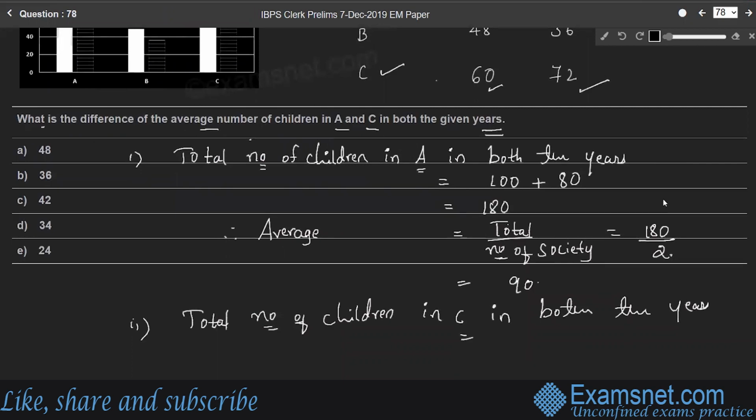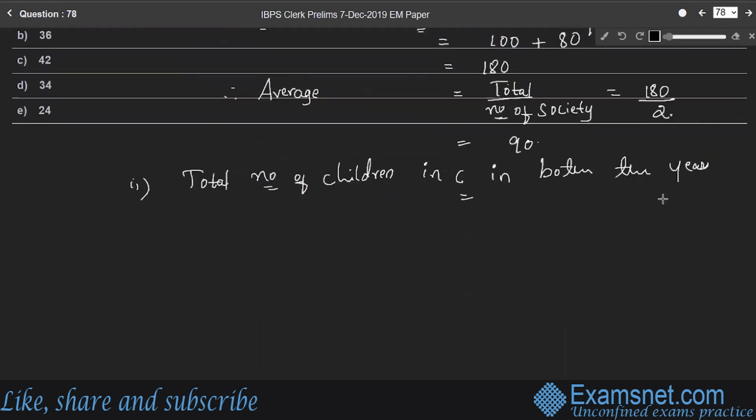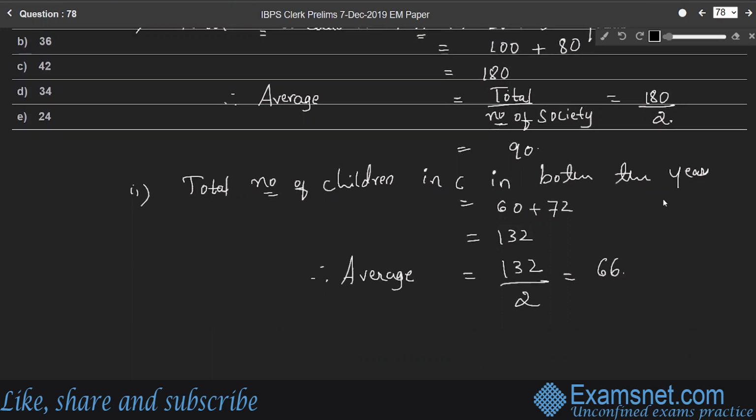In 2018, there are 72. So 60 plus 72, which is 132. Therefore, average is equal to total children 132 by number of societies 2, which is 66. 66 is the average number of children in both the years.